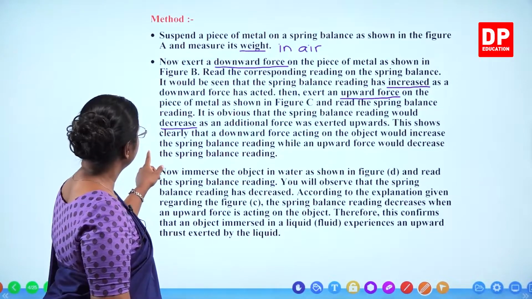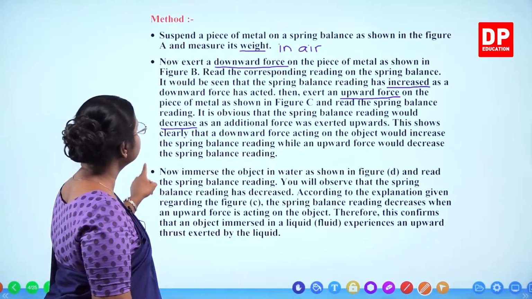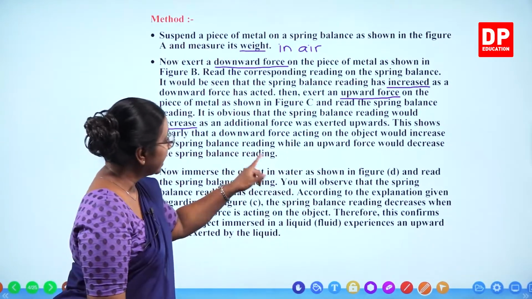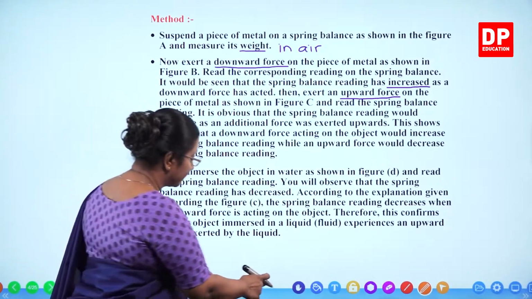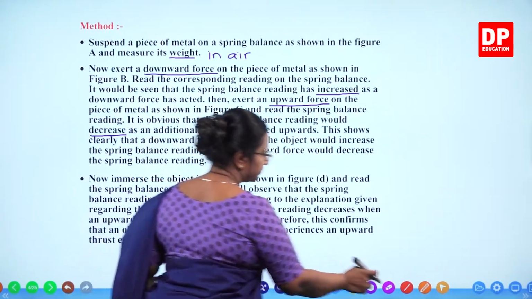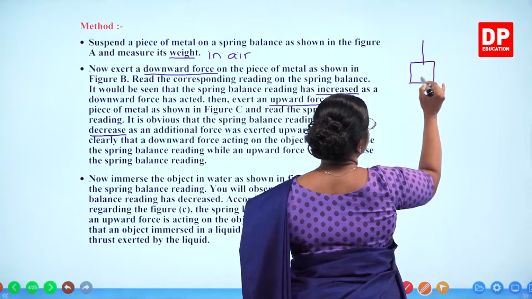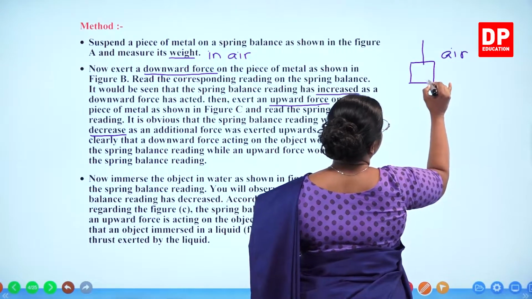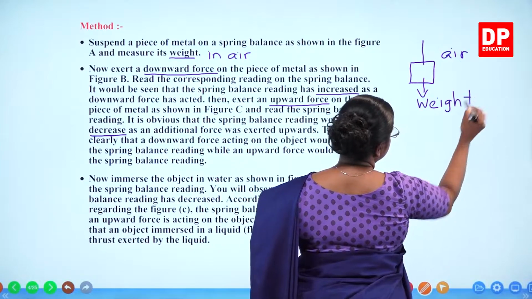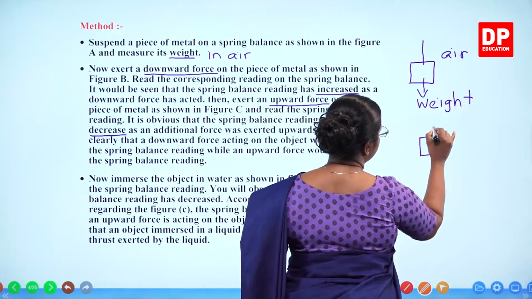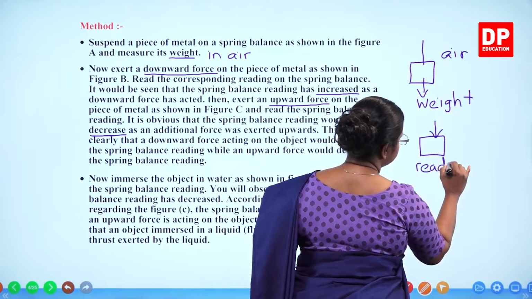This shows clearly that a downward force acting on the object would increase the spring balance reading, while an upward force would decrease it. So as I explained, students, we have the object in air, that would be the weight of the object. When you push it downwards, the reading increases.